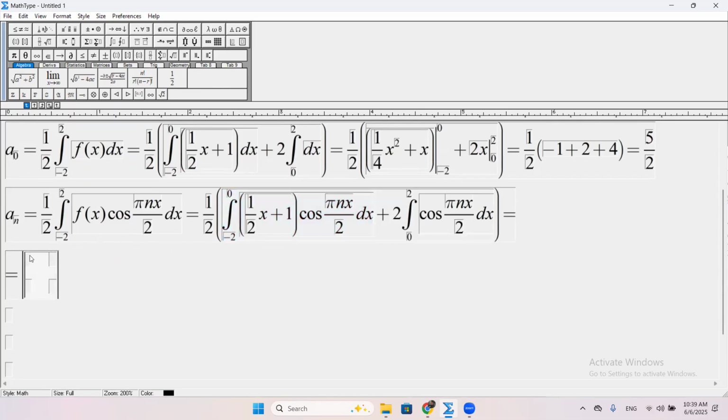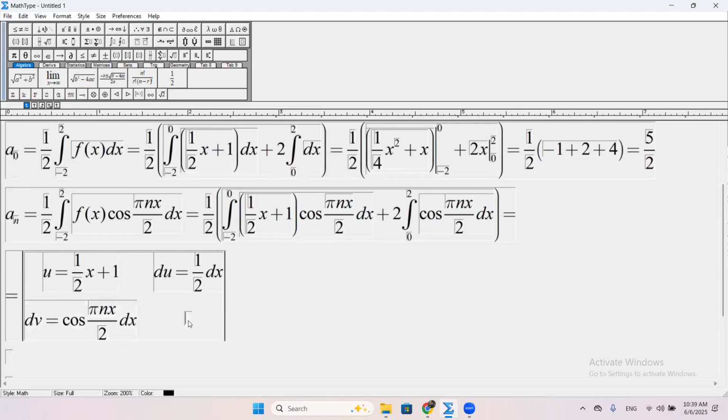So u will be equal 1/2 x plus 1. Okay, I can remove brackets. du equals 1/2 dx. dv equals cosine of P n x over 2 dx. And v equals 2 over P n, sine of this value.